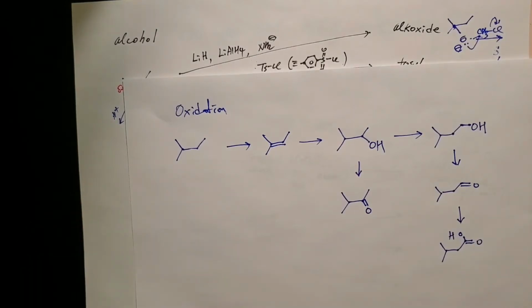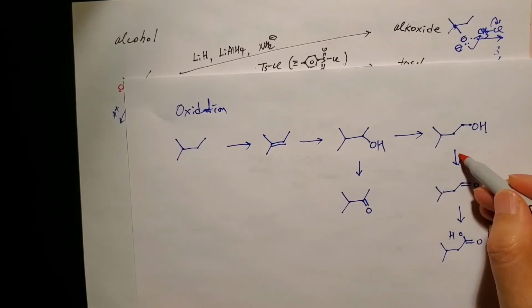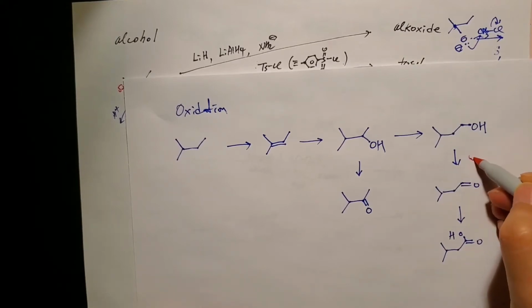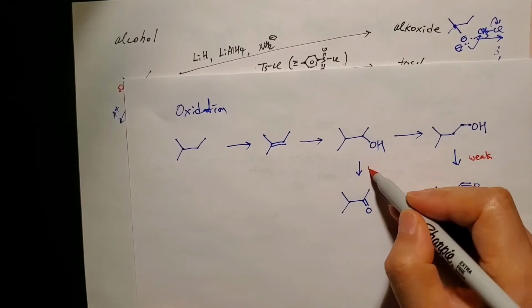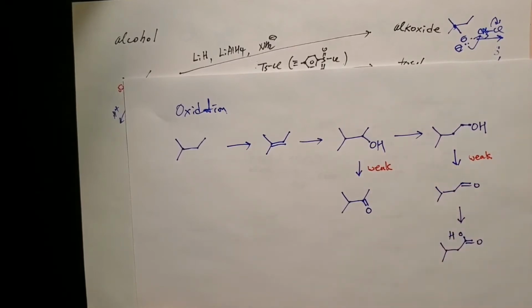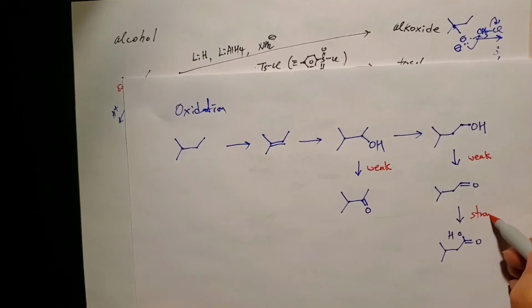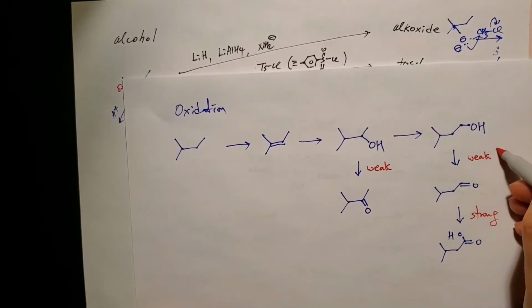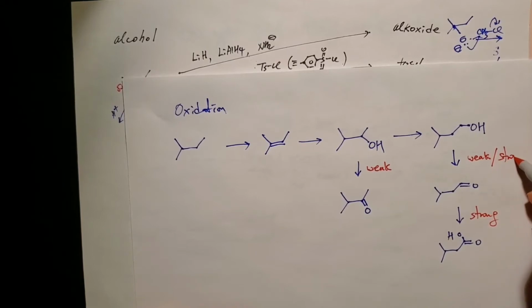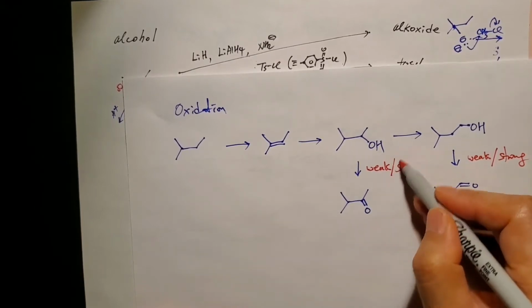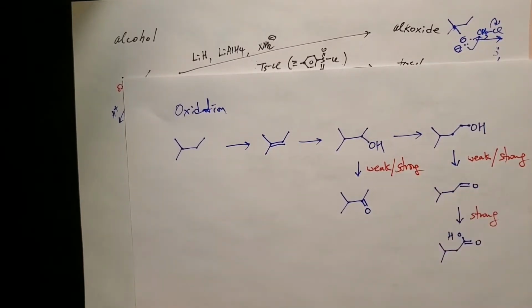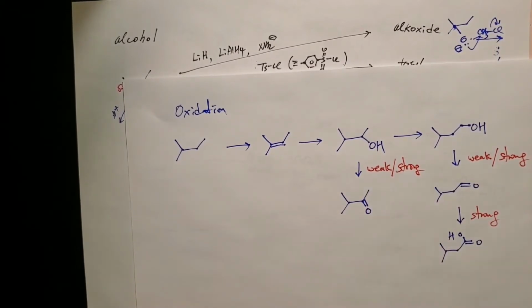Earlier I mentioned that this step can be done by a weak oxidant, but the second step can only be done by a strong one, meaning this can also be done by strong, very reactive oxidants. So if you know which are the weak or strong ones, you know what to form as a product.